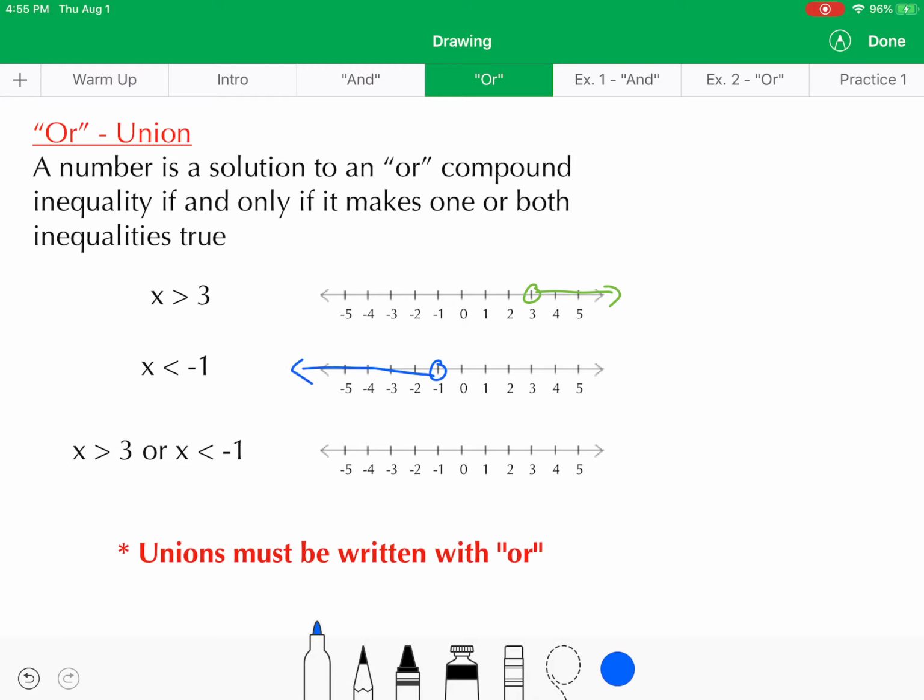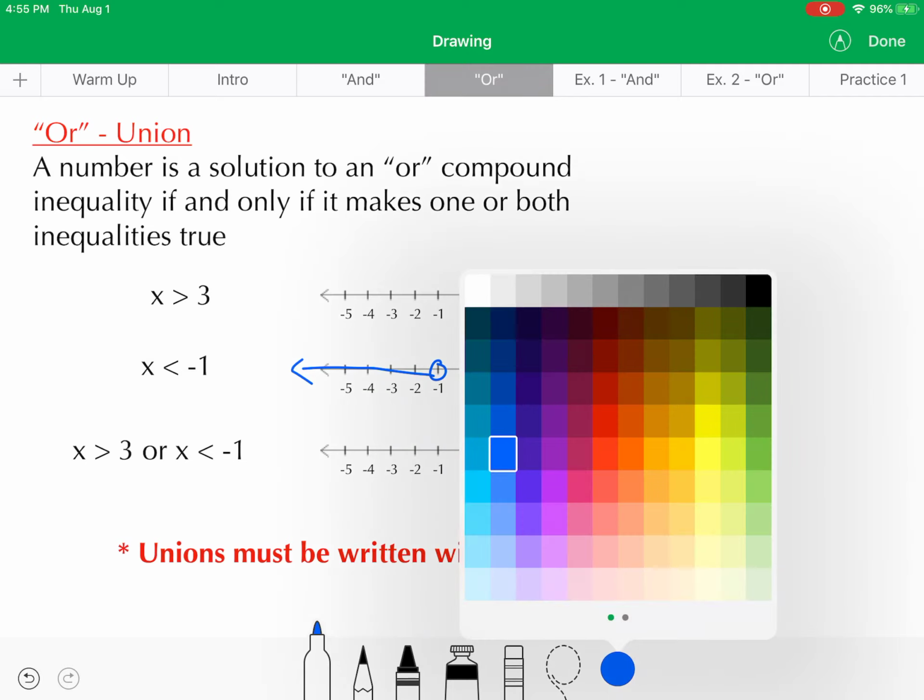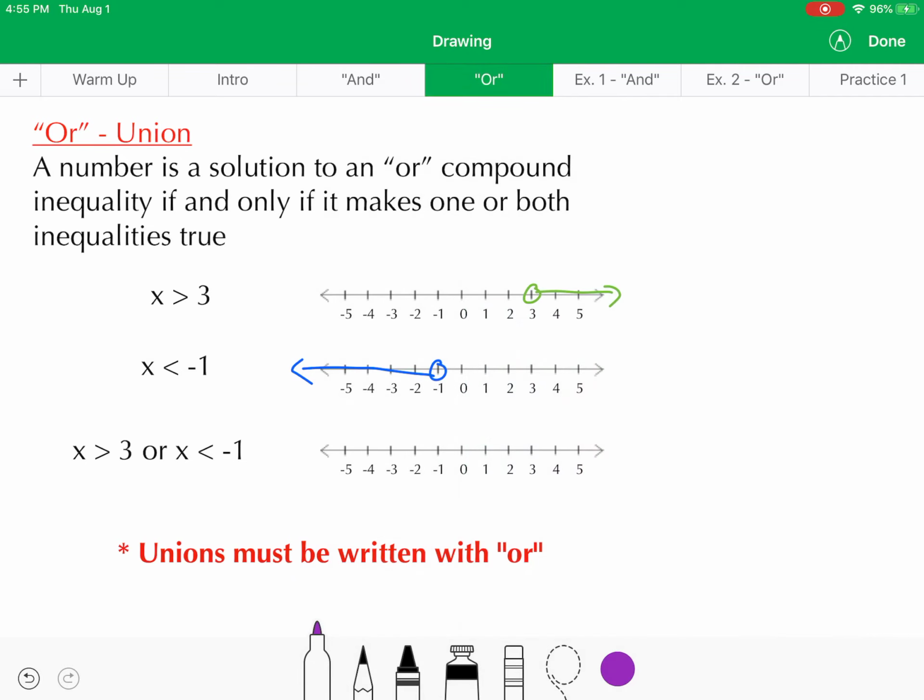For my compound inequality to be true, I just need numbers from one of the solution sets, if not both of them. It could be from one, it could be from the other, or it could be from both. So therefore, my final solution set is just the union of the two. Simply draw both the green and the purple on the same graph.